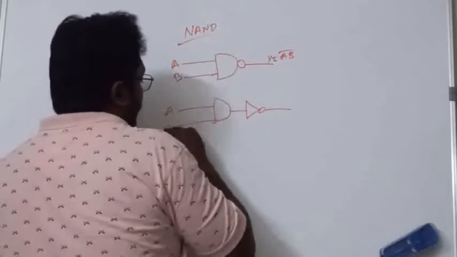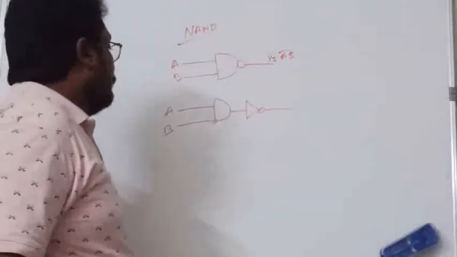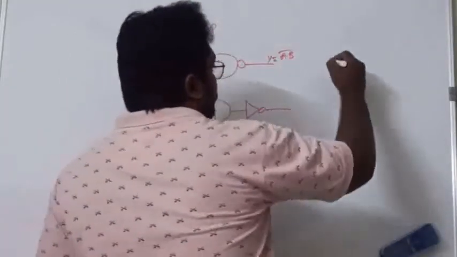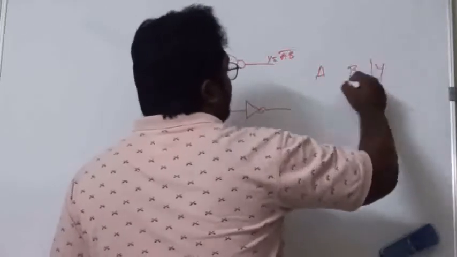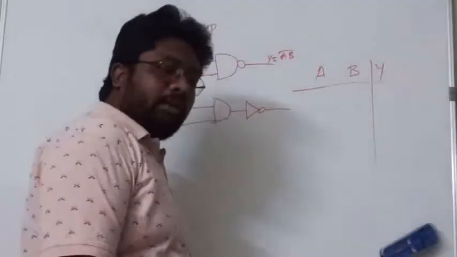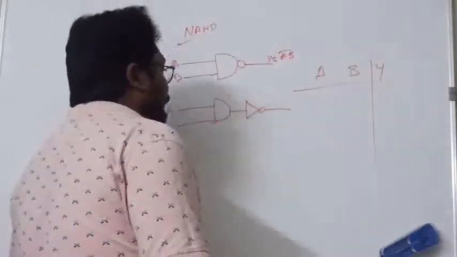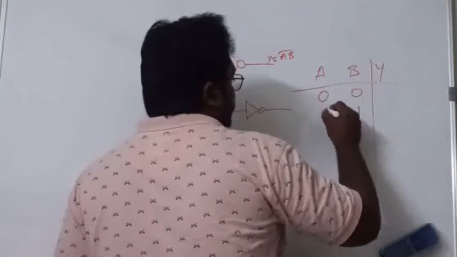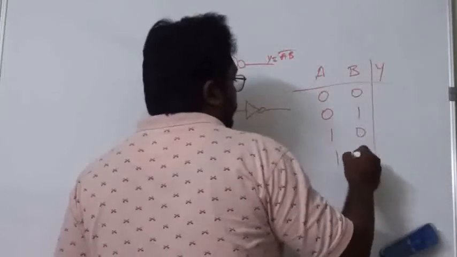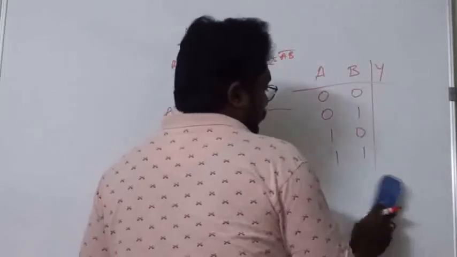So A, B. Now let us see the truth table for this NAND gate. Here also I have two inputs, and the possibilities are 4: 0 0, 0 1, 1 0, 1 1.